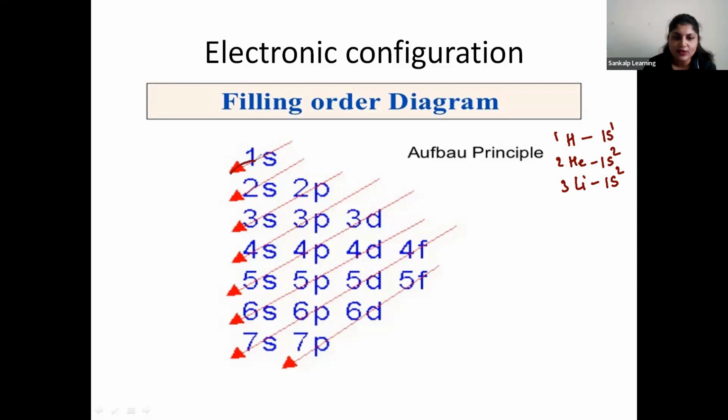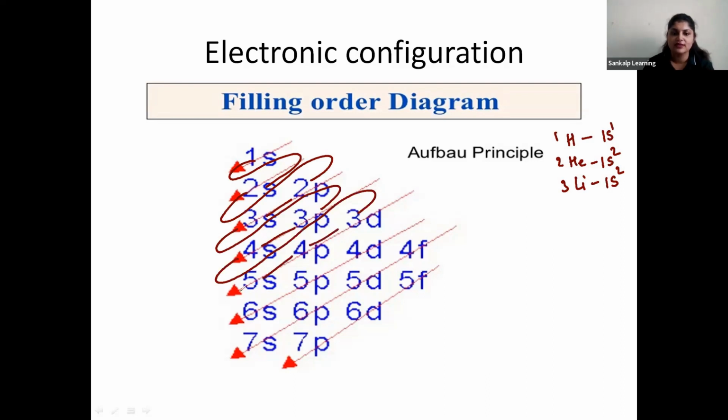From 1s, it will go to 2s, then 2p, 3s, then 3p, 4s, then 3d, 4p, like this. So after 1s it is 2s. So it will be 2s1. Understood?